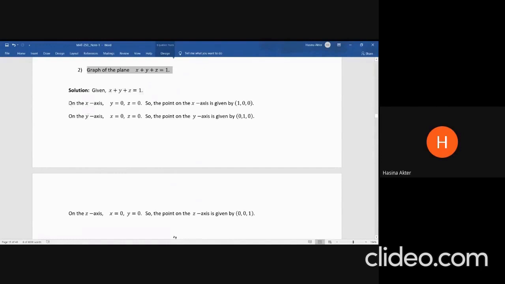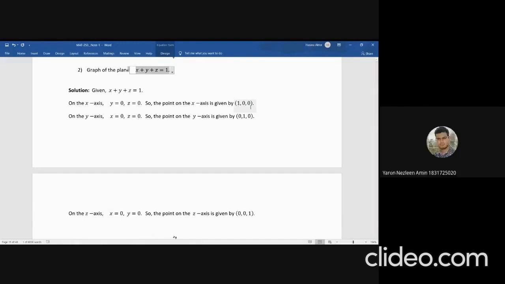If we move on the x-axis, y and z both are 0. If y and z both are 0, then plugging in 0 for y and z, you get x equals 1. That means the point on the x-axis is (1, 0, 0). So the plane denoted by x plus y plus z equals 1 intersects the x-axis at the point (1, 0, 0). Is that clear to everyone?